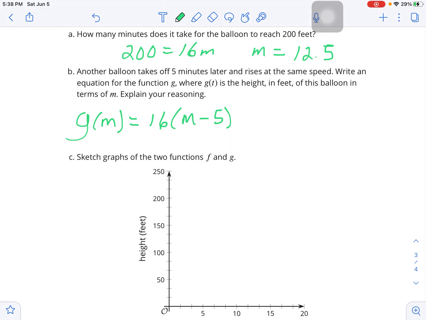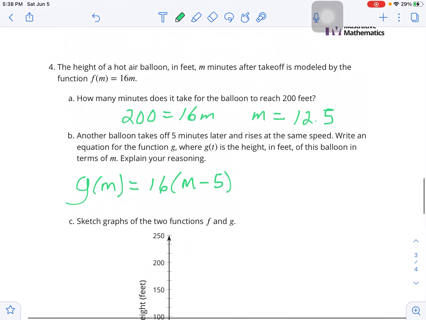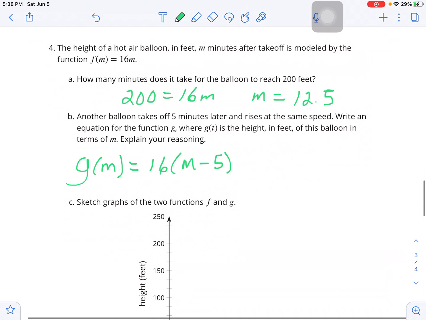So when m is equal to 5, the second balloon is just about to take off, and that would be 5 minutes later than the first one.